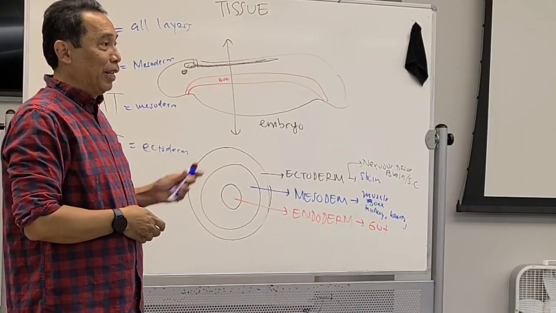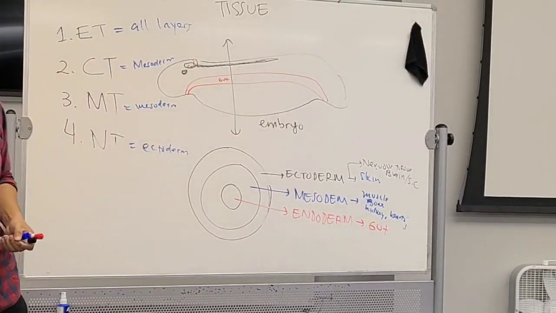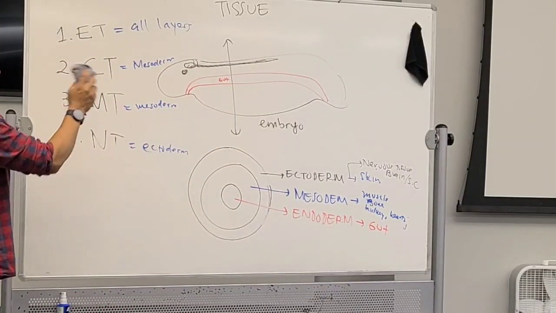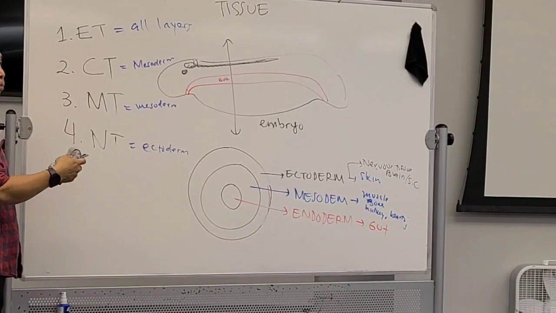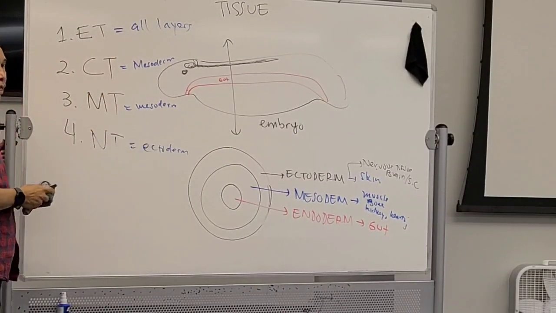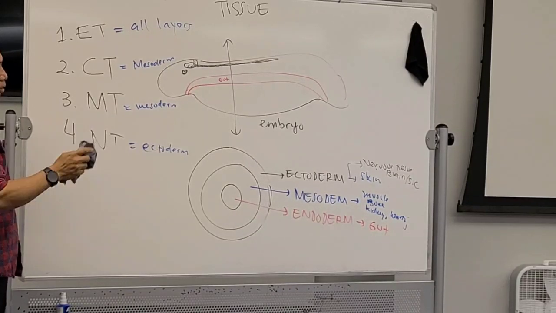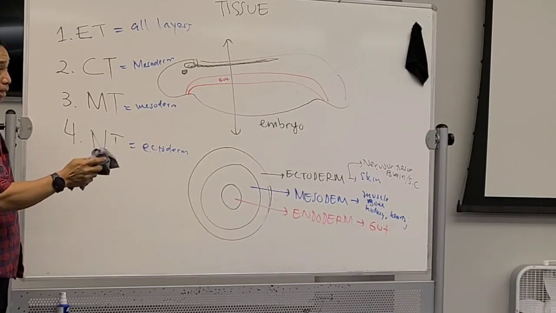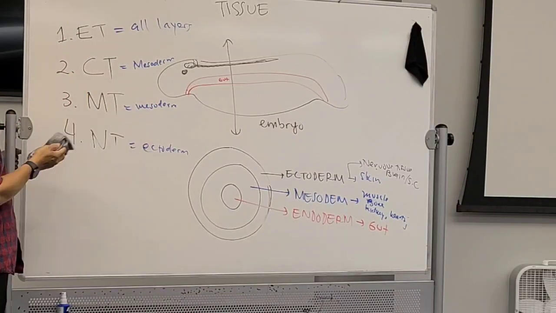Okay, this is just for information, for the history of where your ET, CT, MT, and NT are coming from, which part of the embryonic layers. So we have 3 layers: ectoderm, mesoderm, endoderm. Okay, so they will make these tissues.